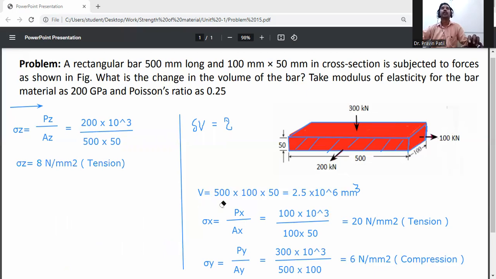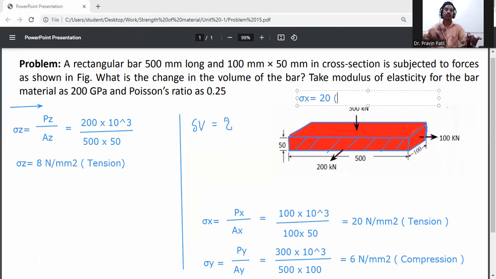strain in x direction. I will write down all these values here. Sigma x is equal to 20, in bracket, tension, T for tension.